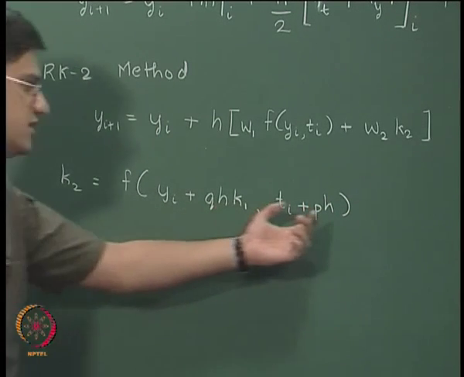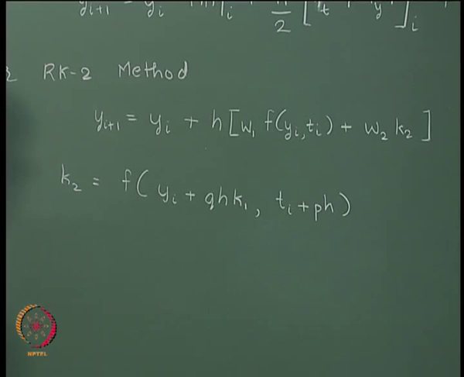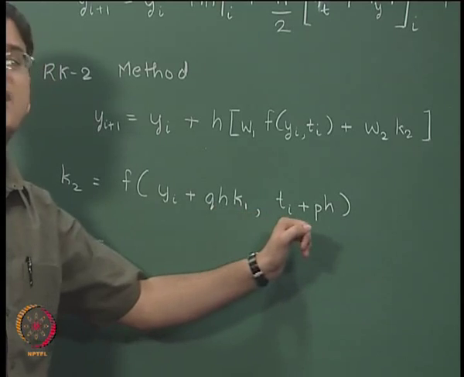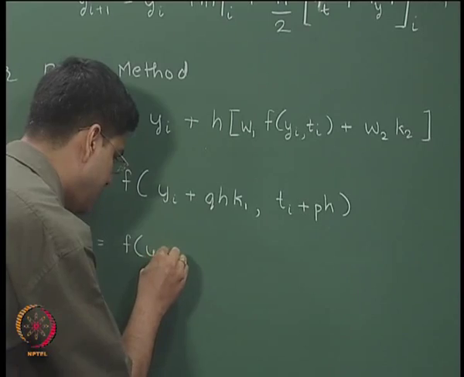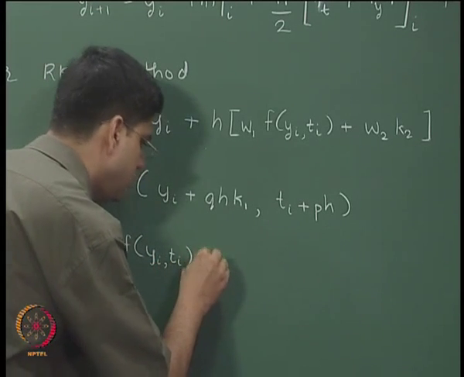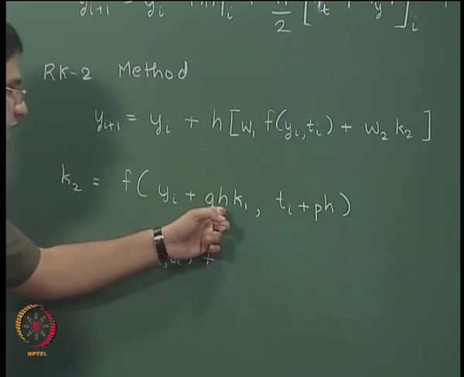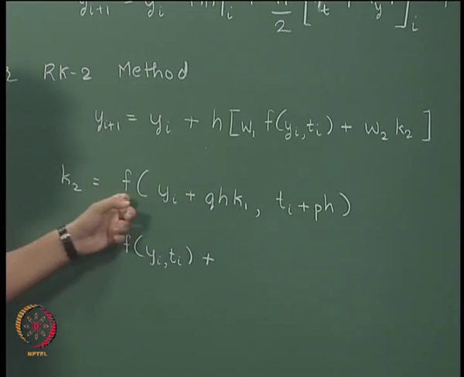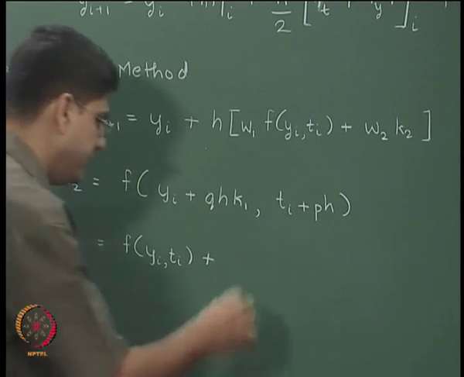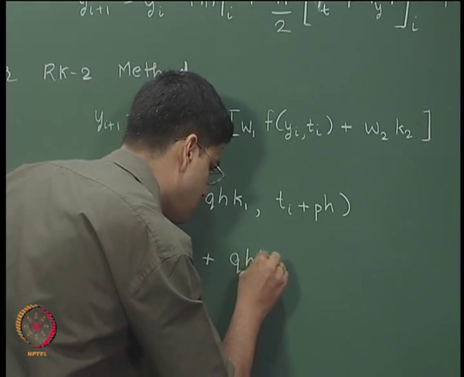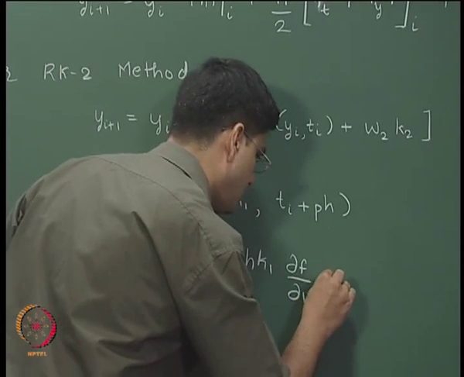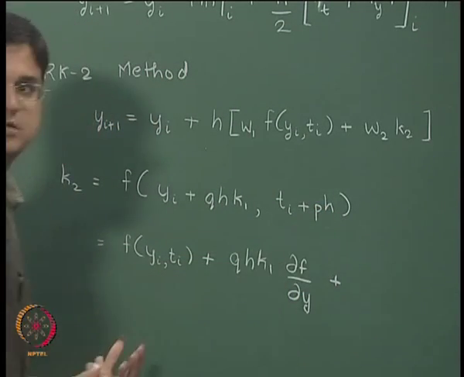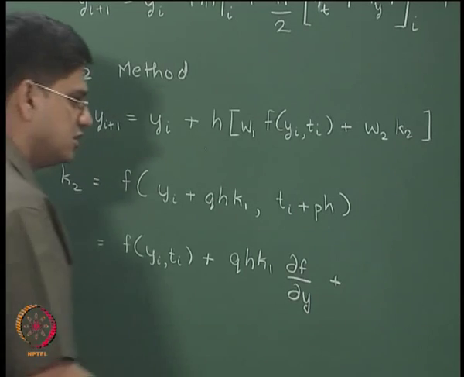Now, for this again we can use our Taylor series expansion, and of course, the Taylor series expansion is going to be around f of yi comma ti. Okay. So, this can be written as f of yi comma ti plus q h k1 multiplied by partial f by partial y plus ph multiplied by partial f by partial t.